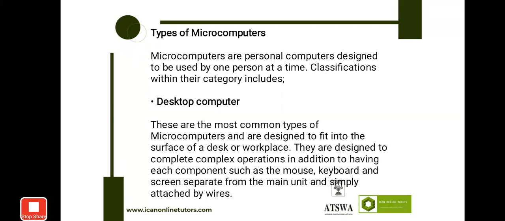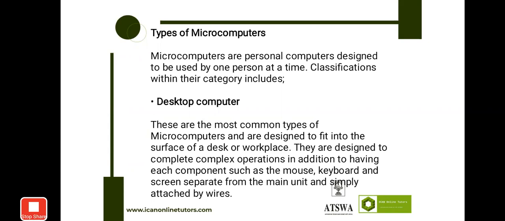They are designed to complete complex operations, in addition to having each component, such as the mouse and keyboard, separate from the main unit and simply attached by wires. Okay, so they're the most common. You can go to an office, you see a desktop computer on a desk, with the big head and all.